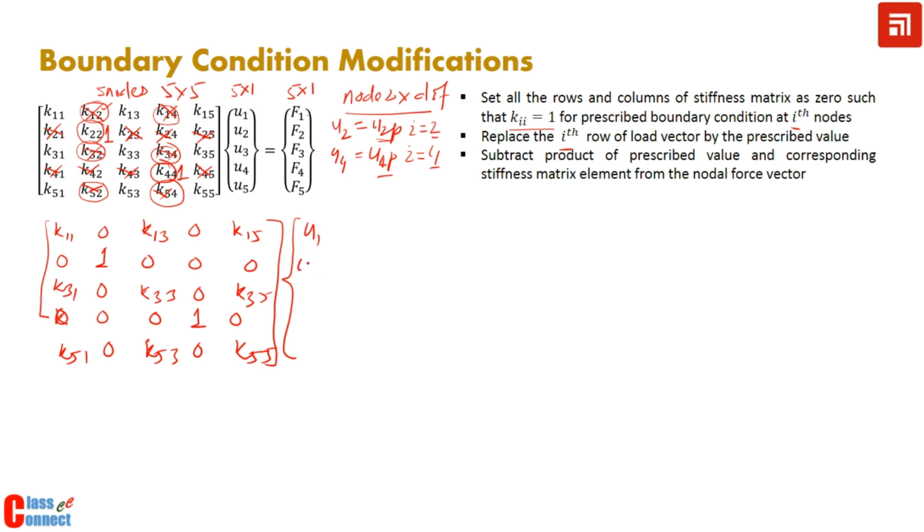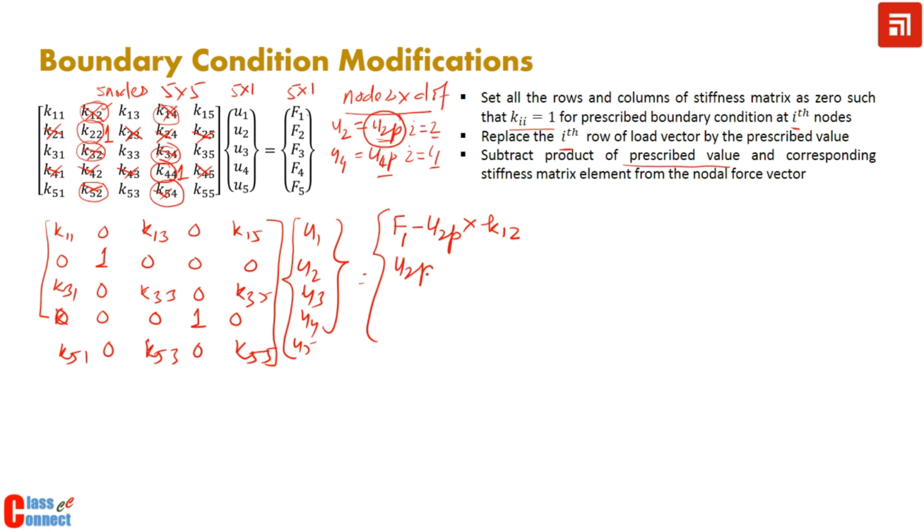It is U1, U2, U3, U4, U5, and there is a change in the rows of the load vector: F1 minus the product of the prescribed value at node number 2, U2P, multiplied by K12, and we are only applying the second node here.